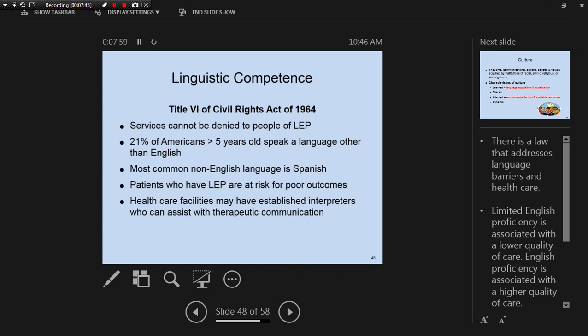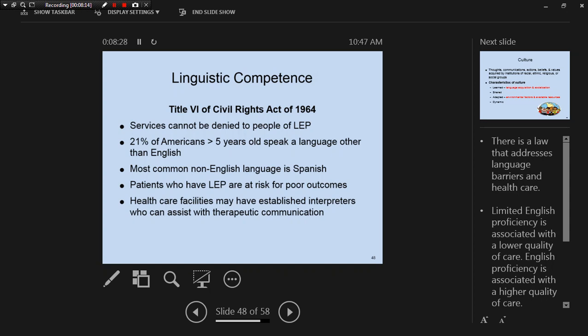Title VI of the Civil Rights Act of 1964 tells us that services cannot be denied to people of limited English proficiency. Right now, 21% of Americans older than 5 speak a language other than English, and that's most commonly Spanish. What the evidence tells us is that patients with limited English proficiency are at risk for poor outcomes.